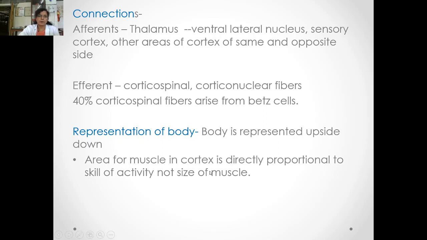The muscles of lip, tongue, pharynx, larynx, extraocular muscles and the muscles of the hand, though they are small muscles, are responsible for skillful activity, so the area for these muscles is larger than for the muscles of the trunk and lower limb, in which the muscles are large but responsible for coarse movements. So the area for these muscles in the cerebral cortex is small, and the area for the muscles responsible for skillful activities is larger.